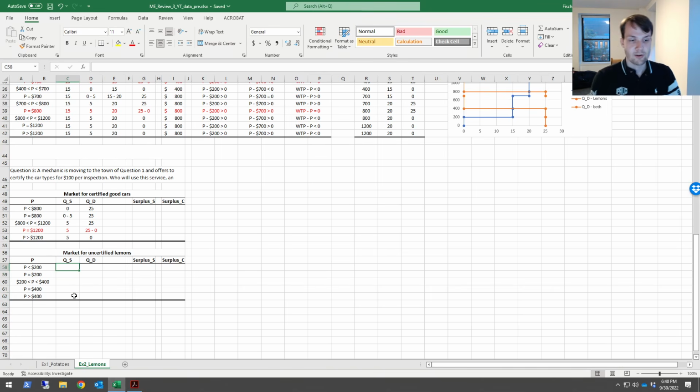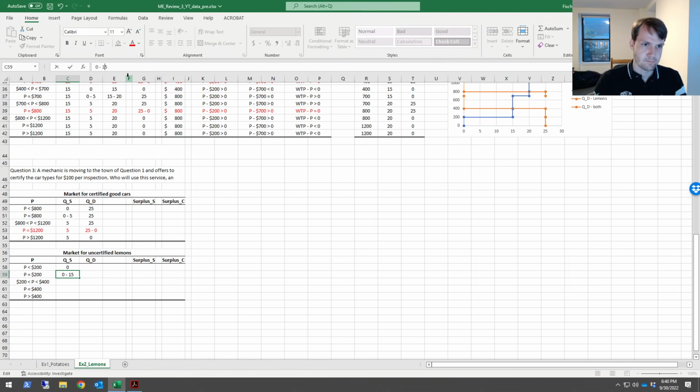Supply below 200, no one is willing to sell their lemon. At 200, it's anywhere between 0 and 5 because they're indifferent between selling and not selling. Sorry, 0 and 15. And then it's going to remain 15 thereafter. Quantity demanded, well, it's going to be 25 up to a value of 400. Then it's between 25 and 0 in the end.